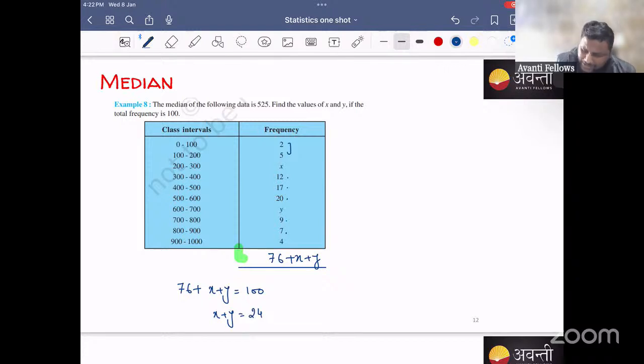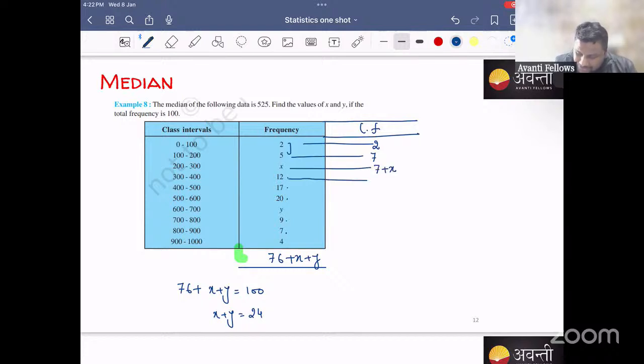Now let us define a term, cumulative frequency. Cumulative frequency is what? Keep on adding. It is 2. Now 5 plus 2, 7. Then add the previous one, 7 plus x. Then this is 19 plus x. Then this is 36 plus x.